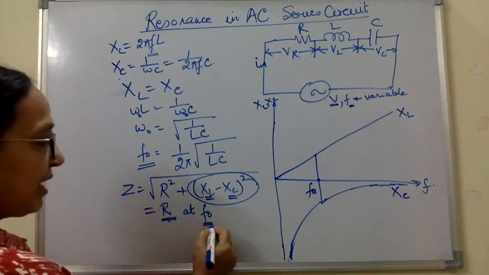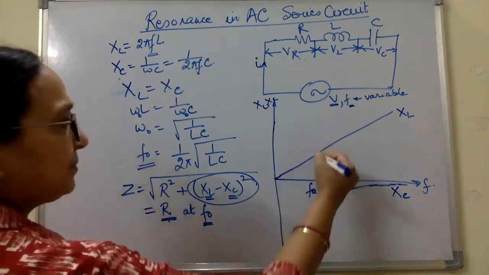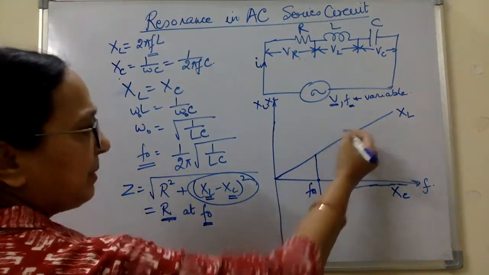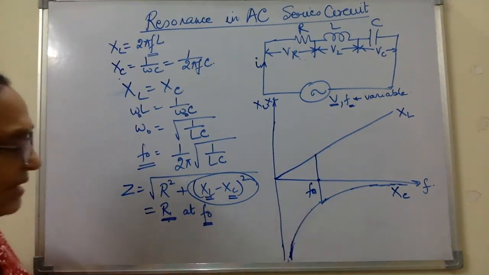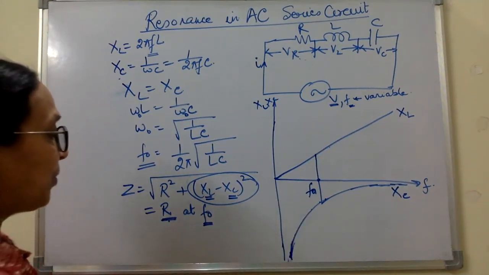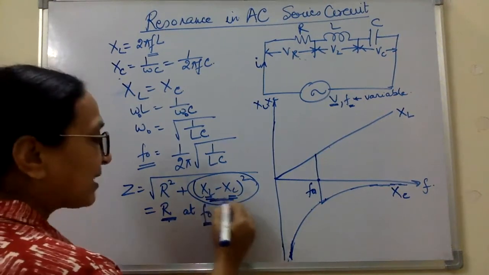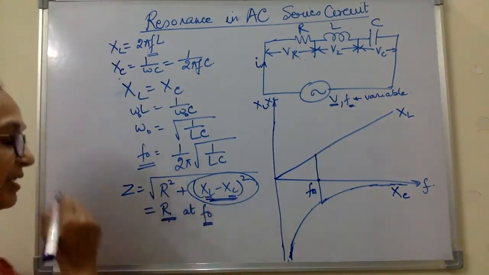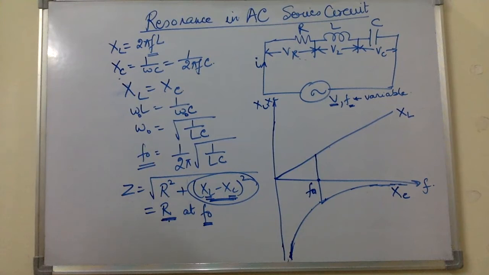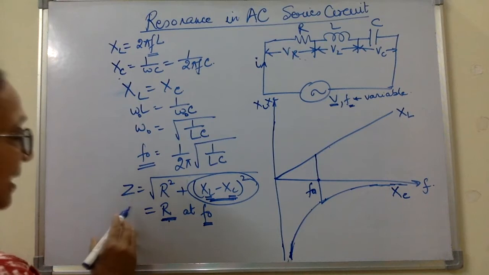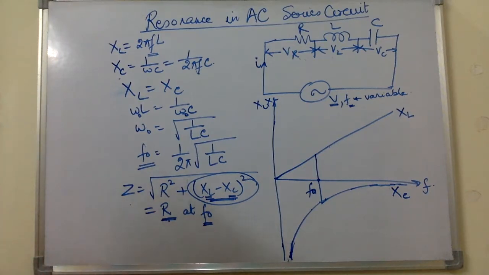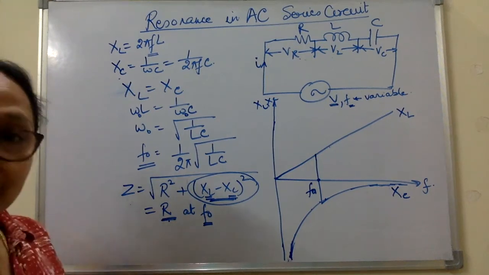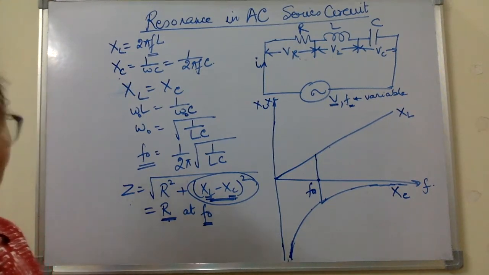Because anywhere greater than F0, the inductive reactance will be more, and for less than F0, the capacitive reactance will be more. Hence, there will be some magnitude of the reactance and the resultant impedance will be more. So, another conclusion is that the circuit at resonance has the minimum impedance. The circuit impedance is minimum at resonance.